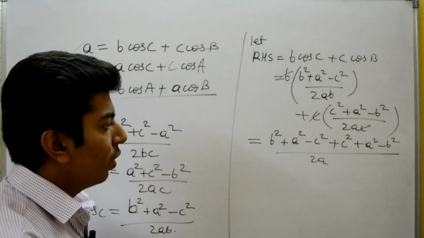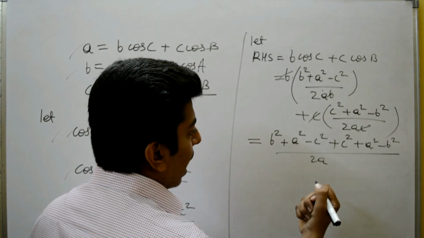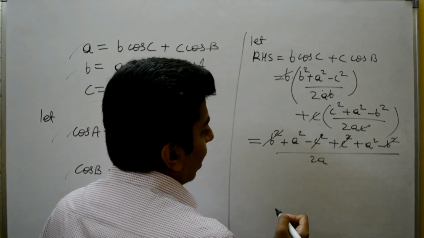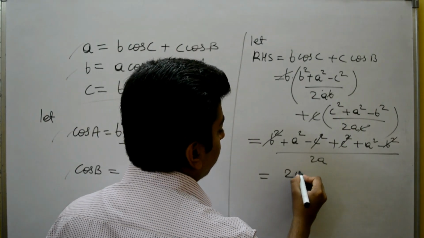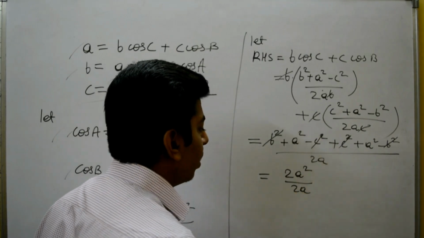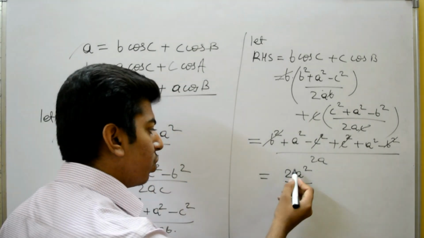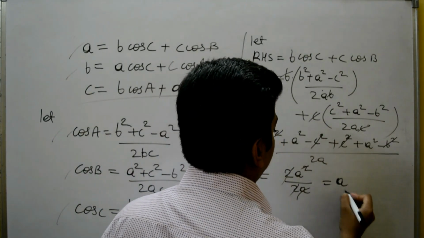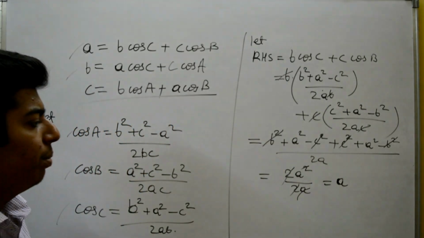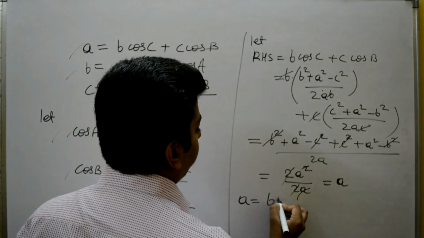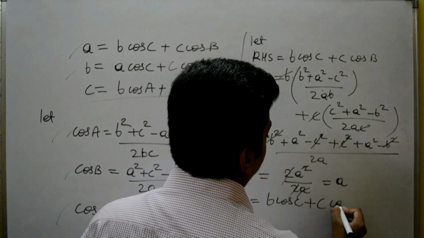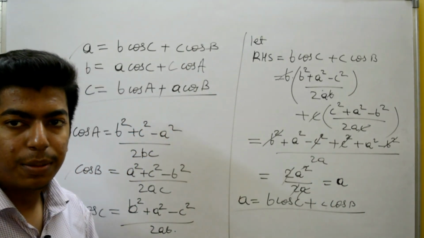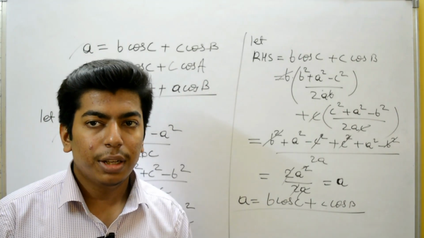Here the b square will cancel and c square will cancel. The remaining is 2a square upon 2a. Now the 2 and 2 will cancel, the a square will cancel, and the remaining will be a. So A is equal to B cos C plus C cos B. That's all. Look at this carefully.